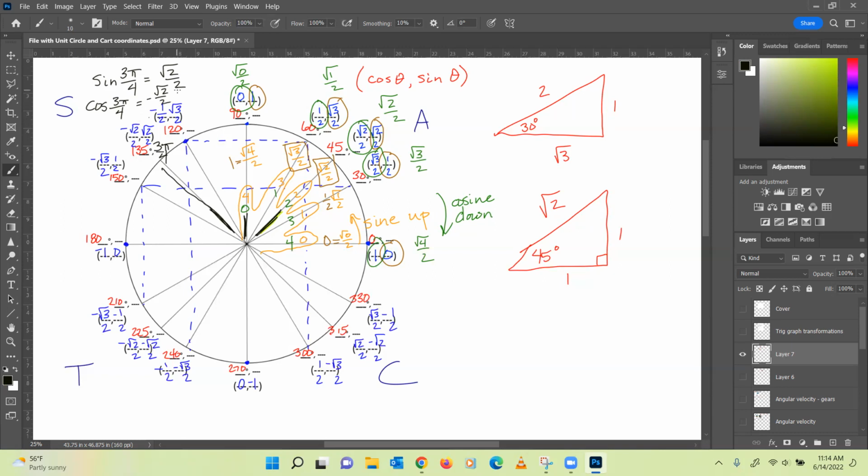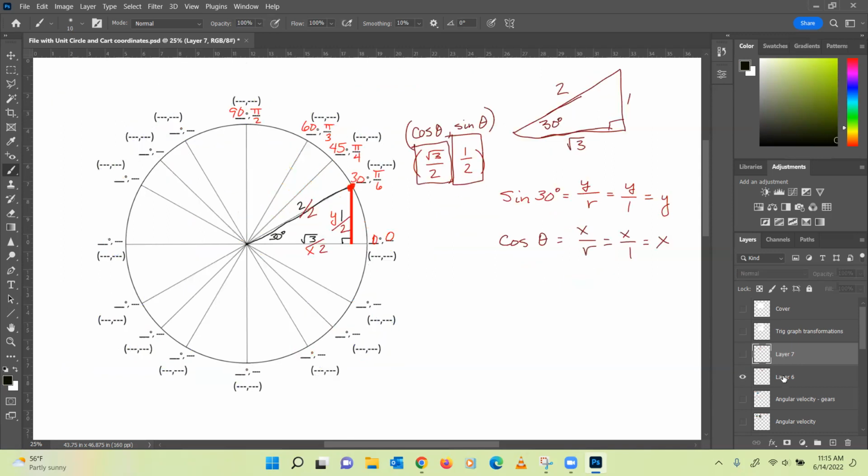Just like that. Tangent is, let's take a look at that. I should go back to the last layer, where we said sine was y over r, cosine was x over r, tangent is y over x. If y is sine and x is cosine, then tangent is sine over cosine.